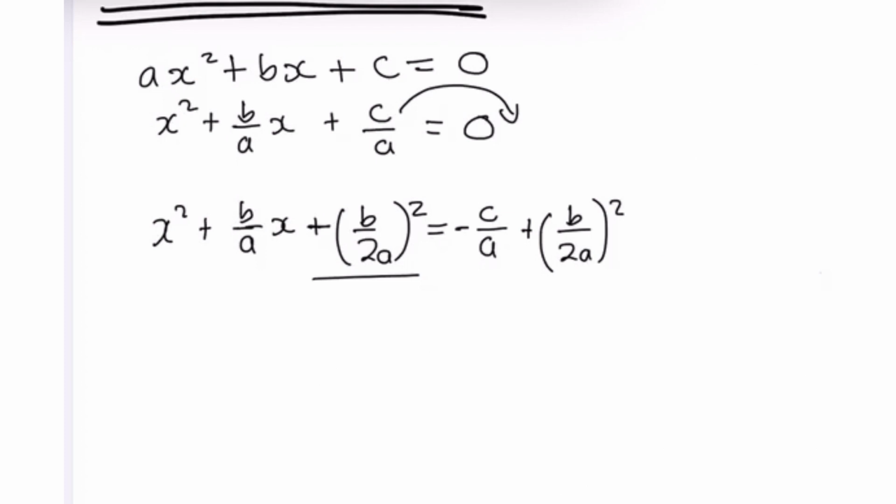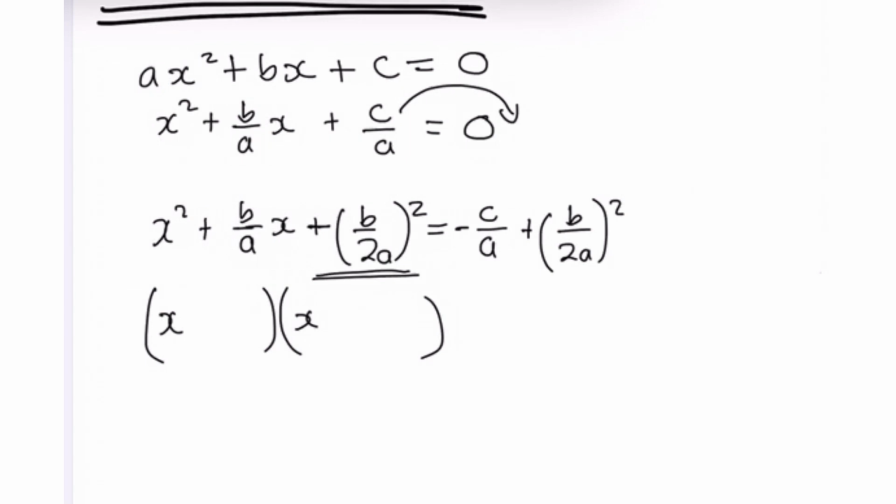From here, we want the factors of this term which, when we add them, give b over a. We open the brackets like this, we put x and x. The signs are the same, and they are both positive.